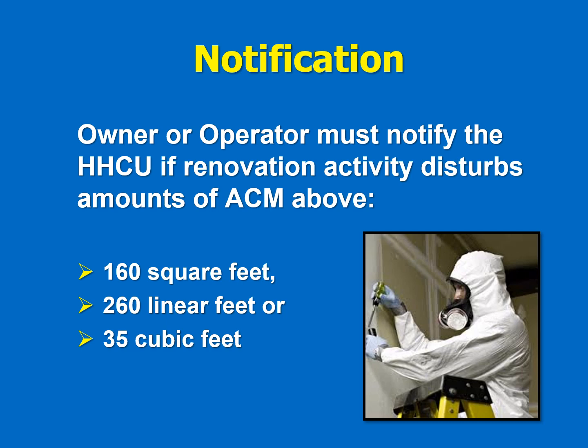For example, if you have 1,000 linear feet of pipe insulation that is asbestos, then that owner or operator must notify HACU of that amount as part of the notification prior to doing any abatement. Or if you're talking about 500 square feet of asbestos floor tile and mastic, for example, as well.